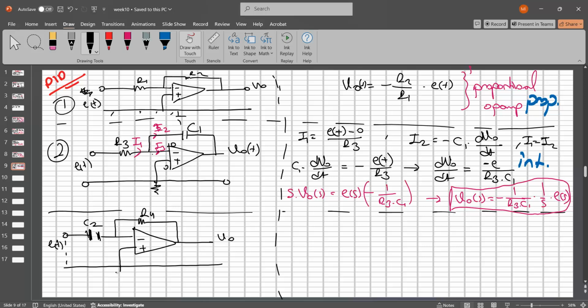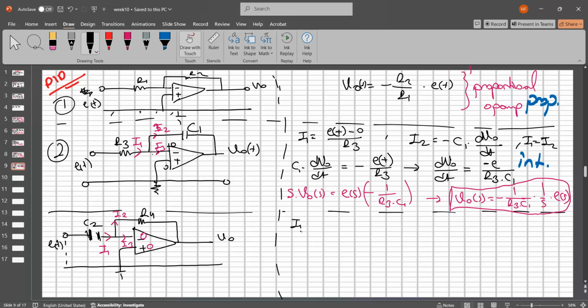And so how can we solve this equation right now? First of all, we need to write I1, I2, and I3, right? And so I3 is equal to 0. This is 0 voltage because it's connected to the ground.